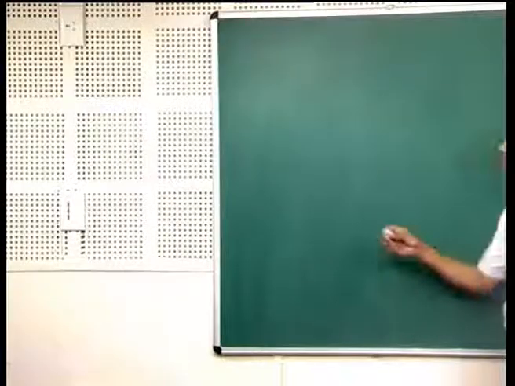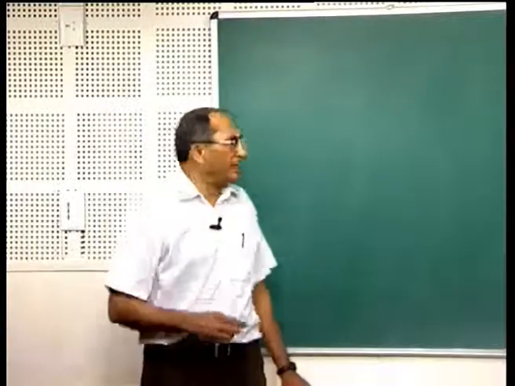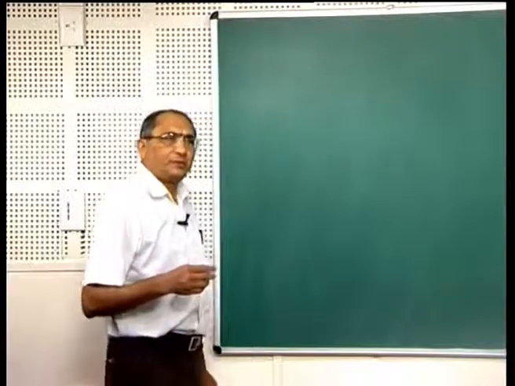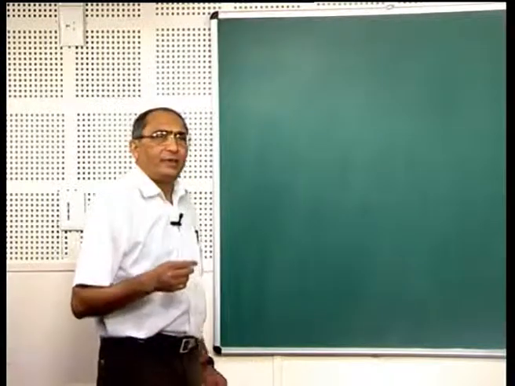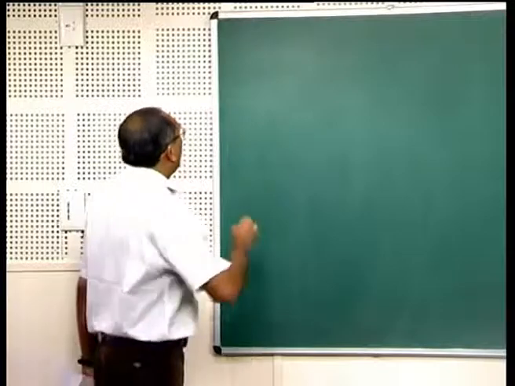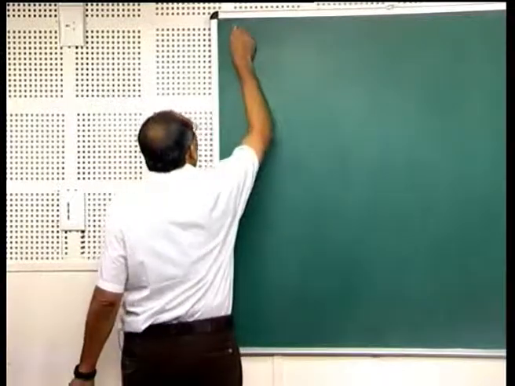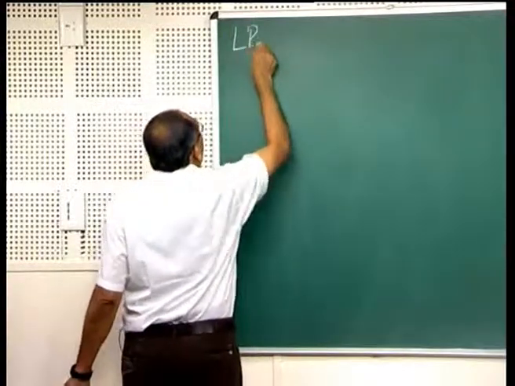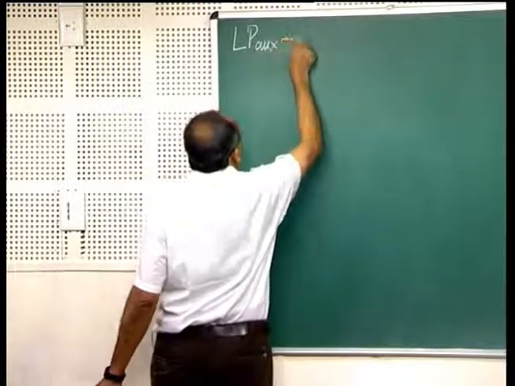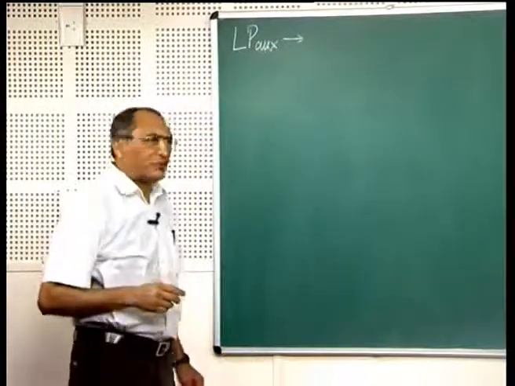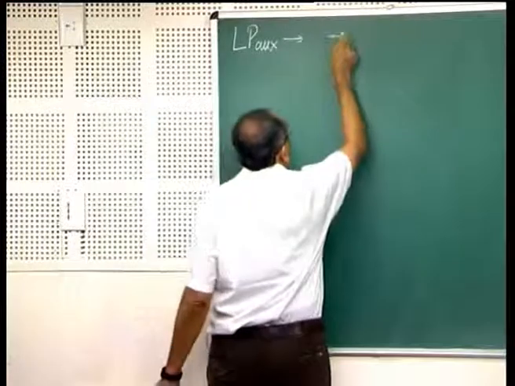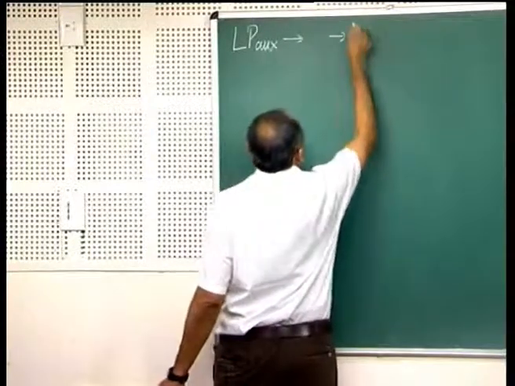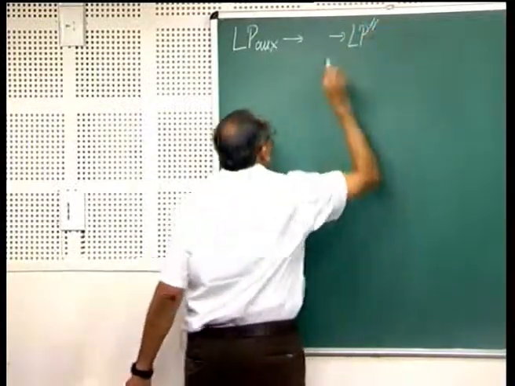Now, let us just look at for a moment what is the relationship between the LP double prime and LP auxiliary. What we noticed is that from LP auxiliary, a series of pivoting transformations led to LP double prime.